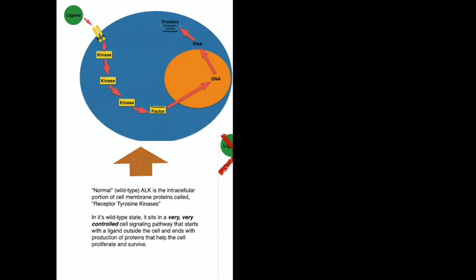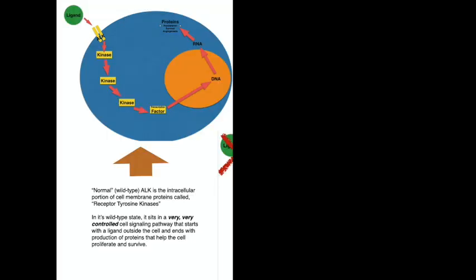In the example we have here, this is a normal cell within all of our lung epithelium, and this particular cell expresses the anaplastic lymphoma kinase gene and then makes a totally normal ALK protein, and that protein's normal job is to sit within the cell membrane and act as part of a cell signaling cascade.